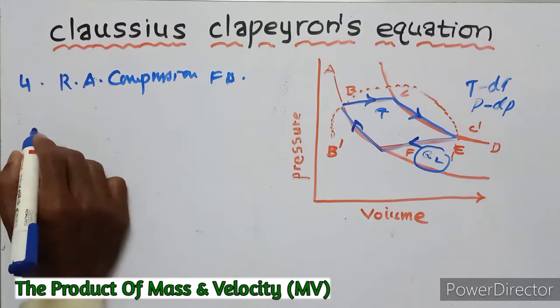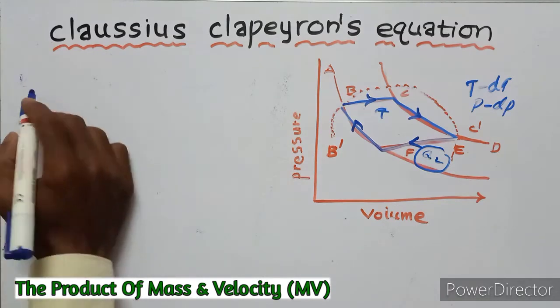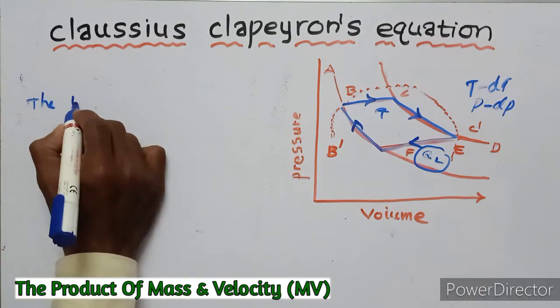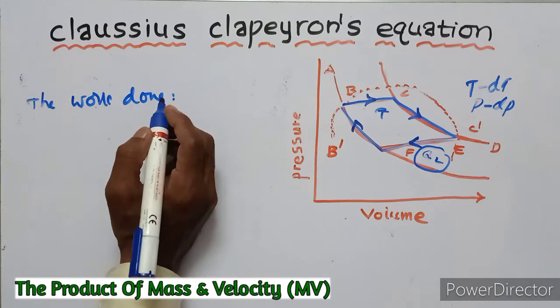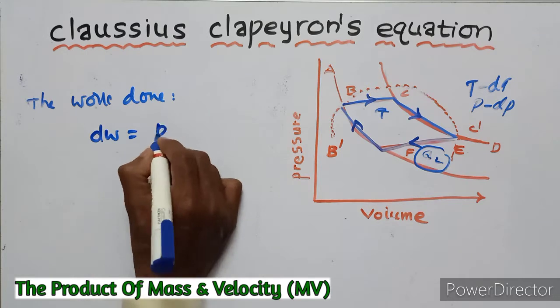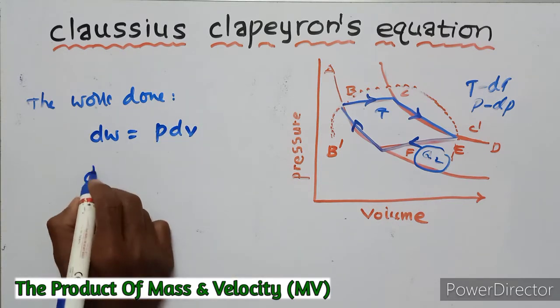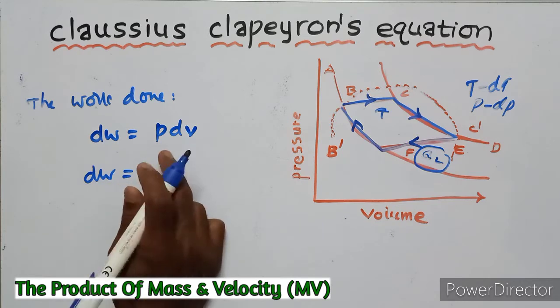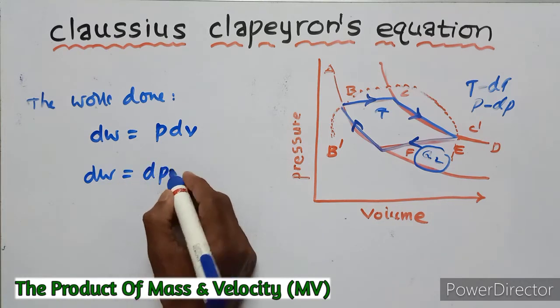In this reversible cycle, the work done dW equals P dV.